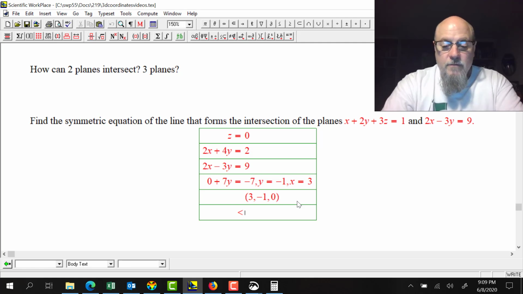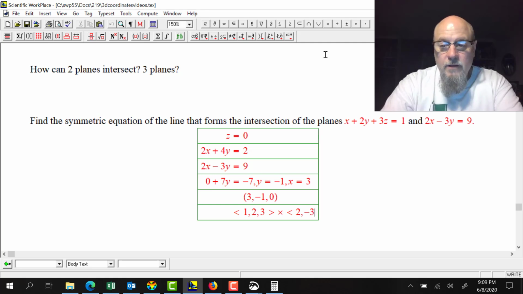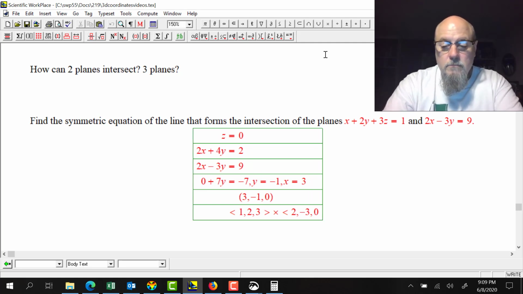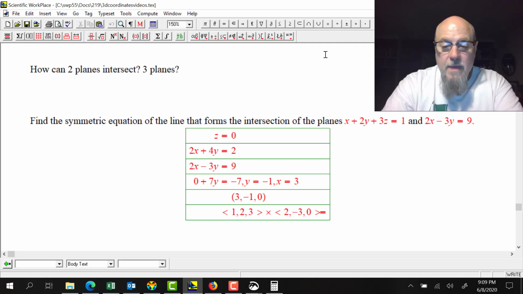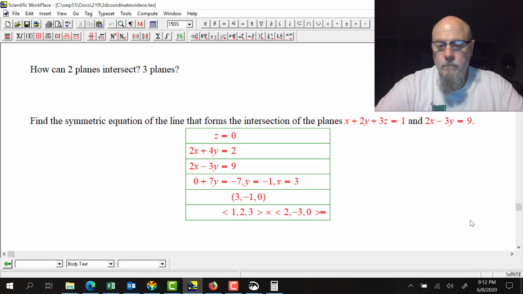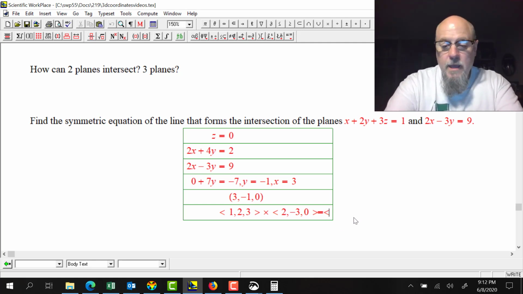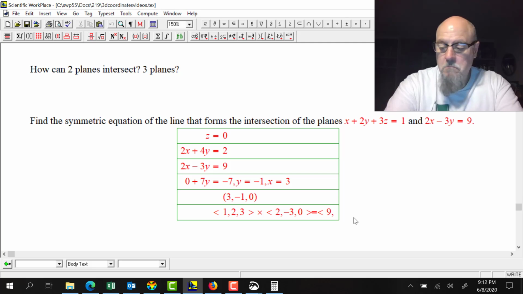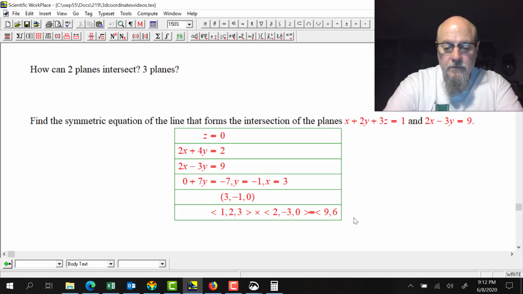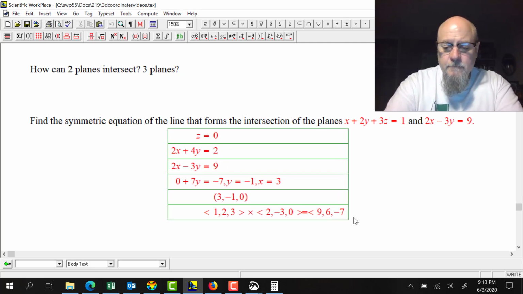So I'm going to cross product the vector 1, 2, 3 with 2, minus 3, 0. And this will be the direction vector. So I should get 9, 6, minus 7.